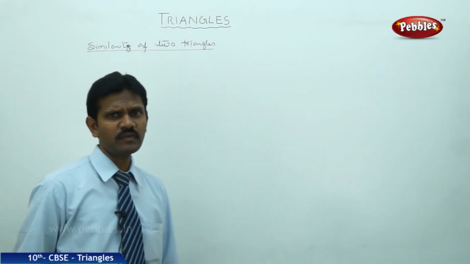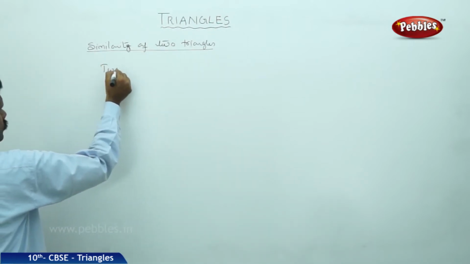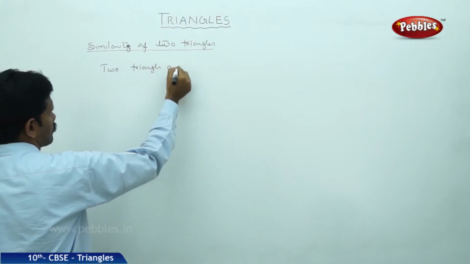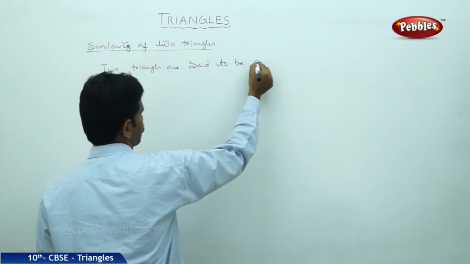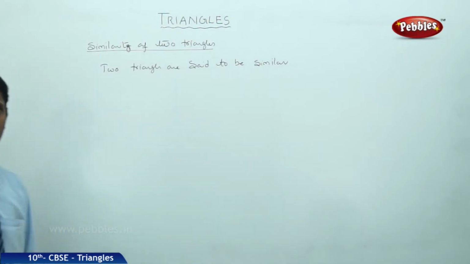What is meant by similarity? Two triangles are said to be similar.